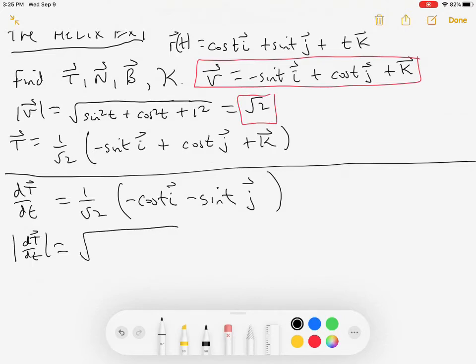That's going to be 1 over root 2 squared, which is a half, times cosine squared T plus sine squared T, which is equal to 1 over root 2. This cosine squared plus sine squared is 1.